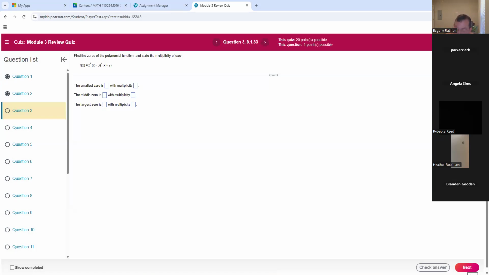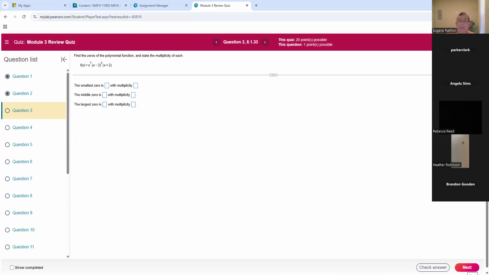All right, y'all, this one I'll write down. F of x equals x to the 7th times x minus 3 squared times x plus 2. They want the multiplicity and the zeros on these, okay? Now notice how they got the answer. We got to start with our smallest zero, the middle zero, and then the largest zero.